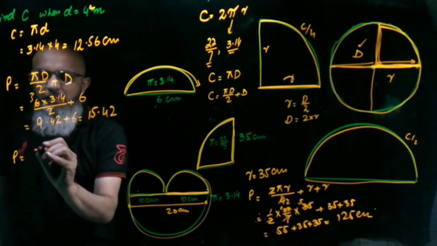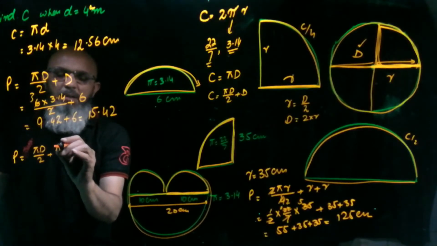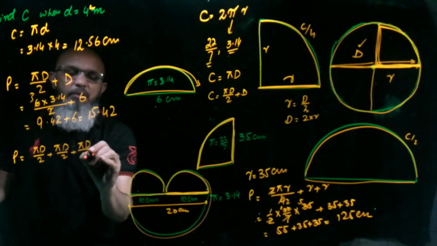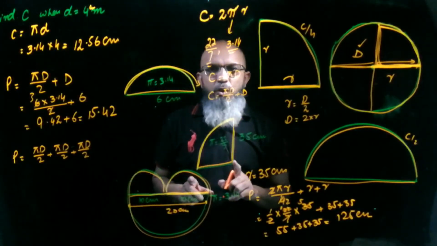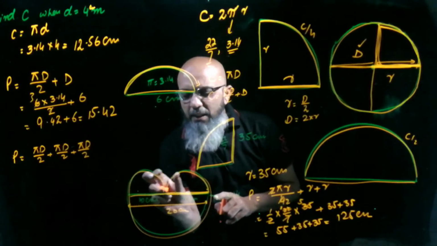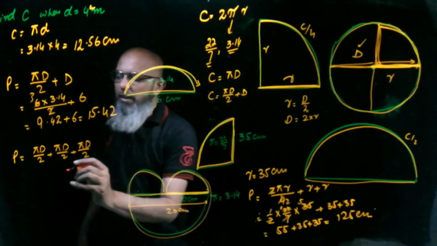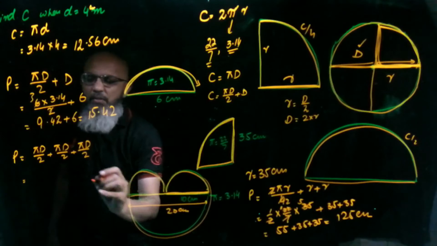So what do I write here? I write pi d over 2 plus pi d over 2 plus pi d over 2, because in all three circles the diameter is given to you, and we have three circles, this circle, this circle and this circle, right? And then we will add. So what is your pi? That is 22 over 7, or 3.14.